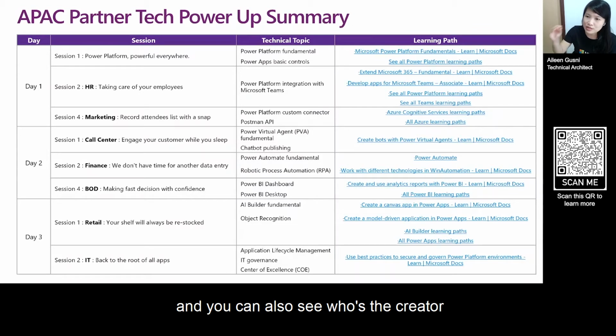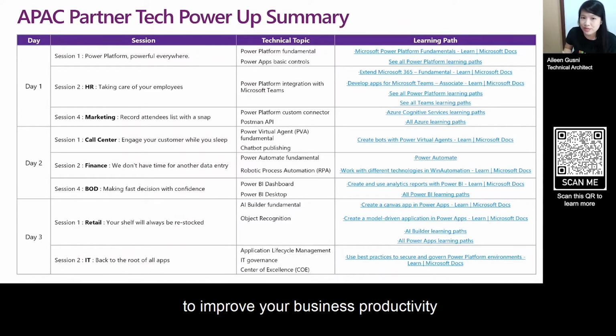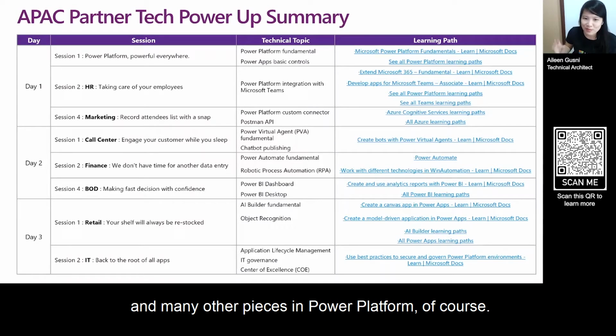And you can also see who's the creator of applications that are really interesting. So you can point to that application, find the creator, and make him or her the champion to improve your business productivity by using Power Apps and Power Automate, and many other things in Power Platform, of course.